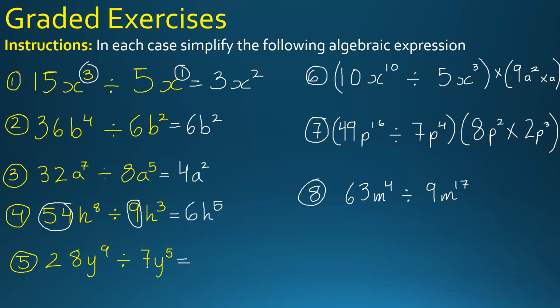Very good. What is 28 divided by 7? 4. That's correct. You have to know your timetables. It is 4. You subtract 9 take away 5. And what do you get? 4. Very good. Excellent.